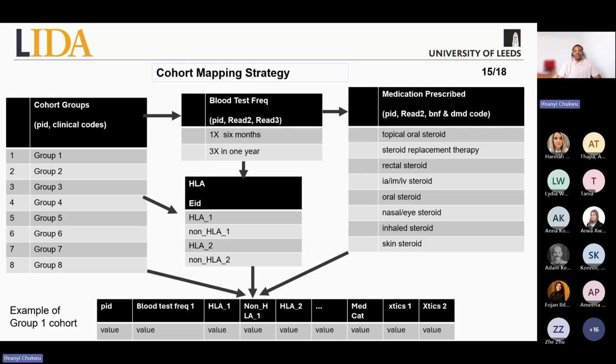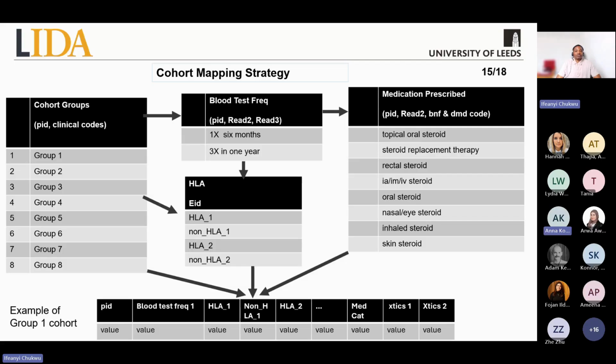We also went through different data sets to find the medications each participant is taking, and categorized these medications. In this case, we were interested in different types of steroids. There were hundreds and hundreds of categories of steroids, but we summarized them into 8 usable formats for further analysis.